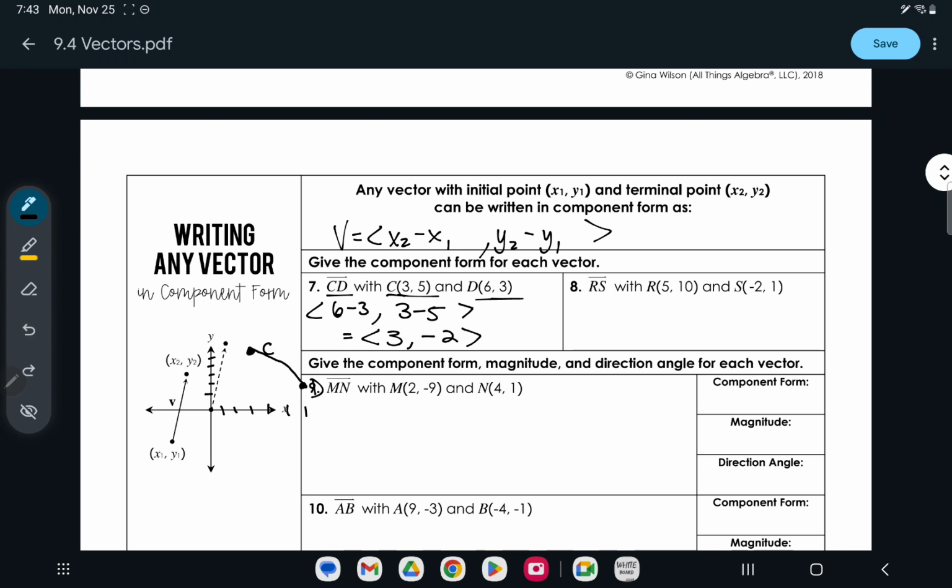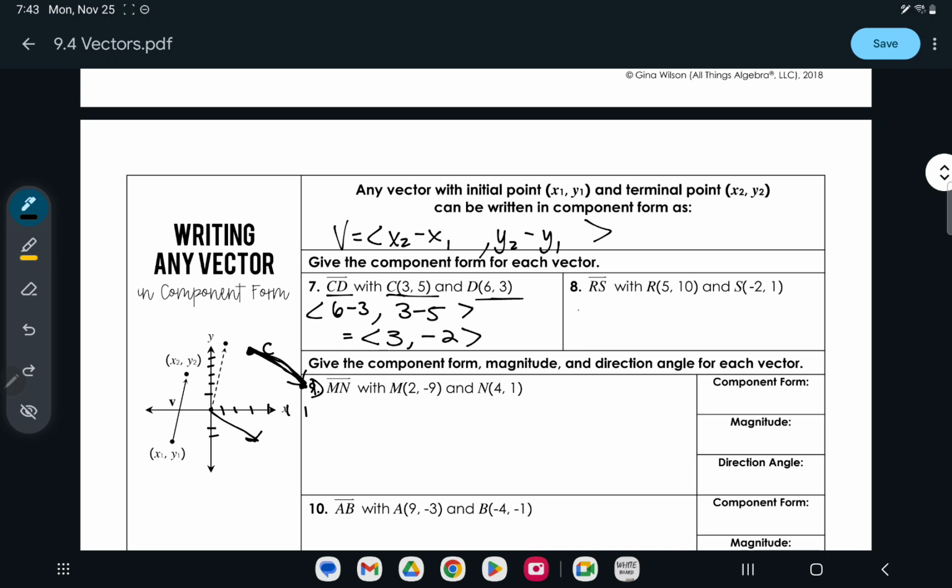Let's put those points back. Having those 2 points from C to D would make a vector in standard position 3, -2 is what it would look like.